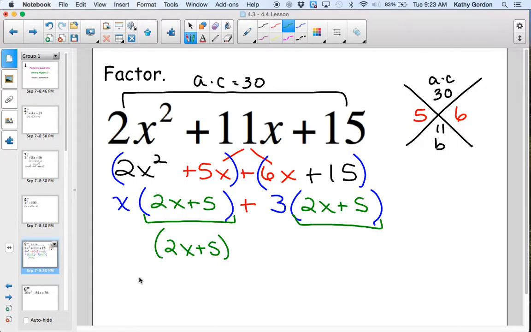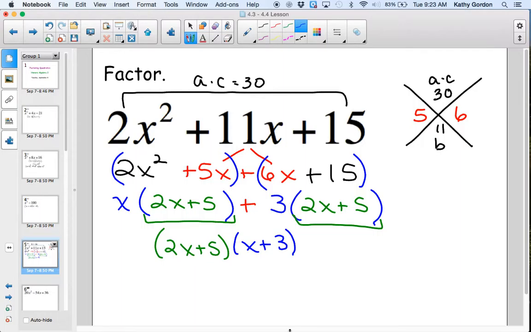Now, if I divide out the 2x plus 5 from both of those terms, then what's left? The x plus 3. So this is a more systematic way of getting to your factors when the guess and check gets a little messy.